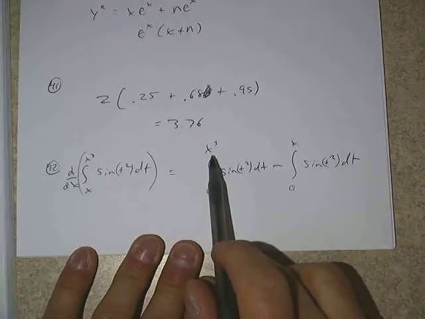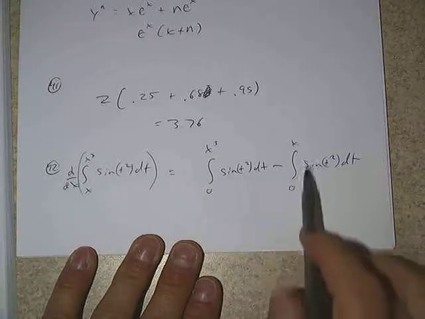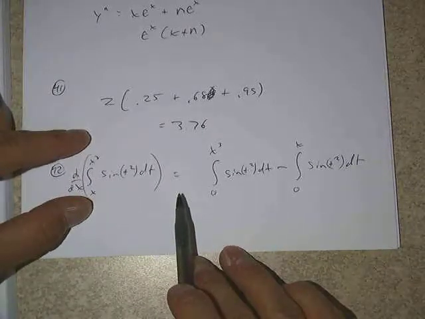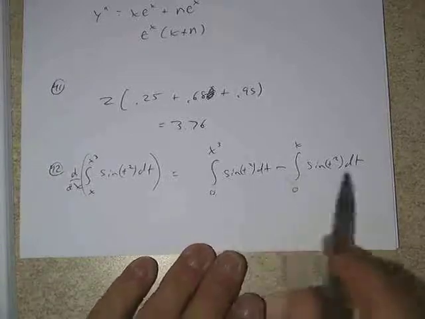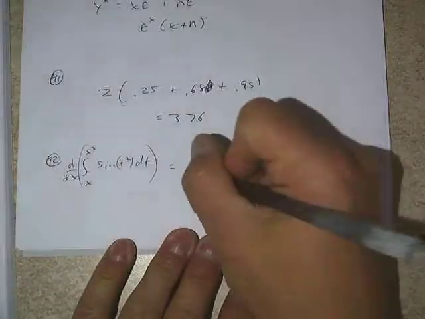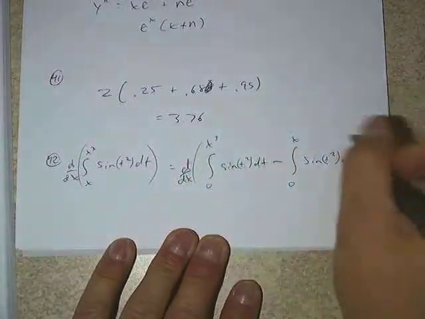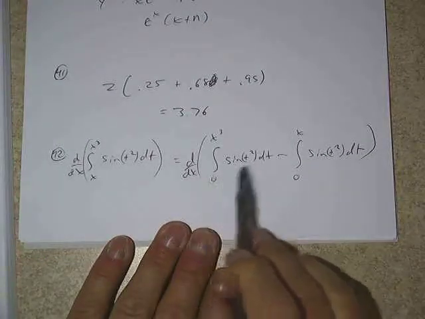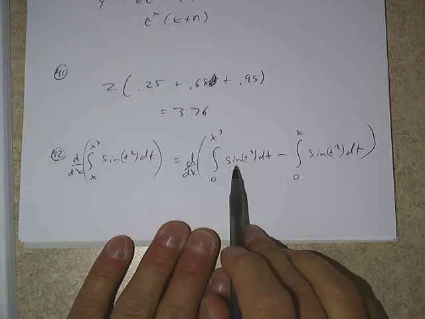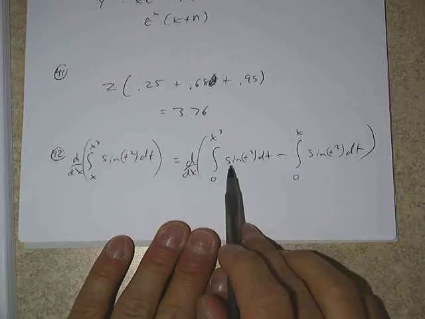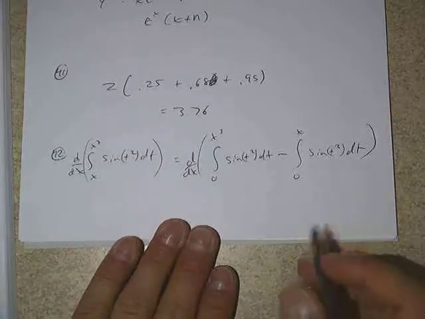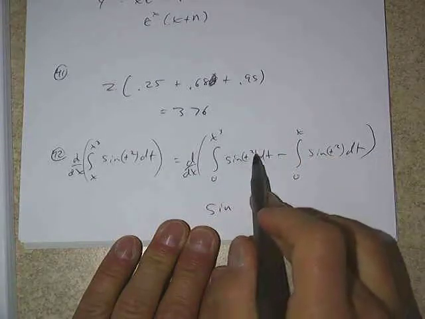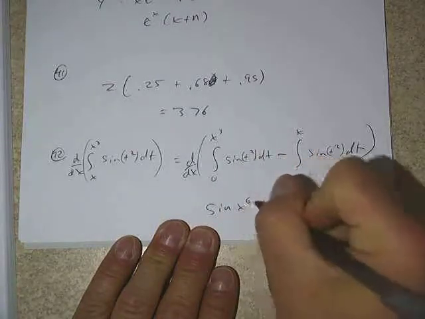So the way we remedied that is that we rewrote the argument of the derivative as the integral from 0 to x cubed of sine of t squared dt minus the integral from 0 to x of sine of t squared dt. Because remember, if we take the whole area from 0 to x cubed and we subtract the area from 0 to x, we'd be left with the area between x and x cubed.